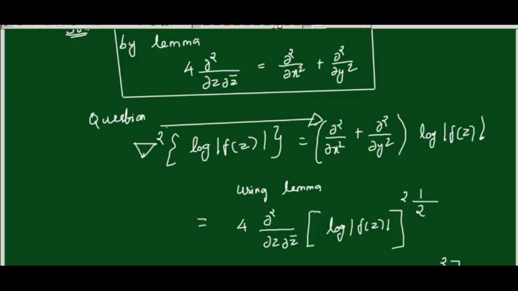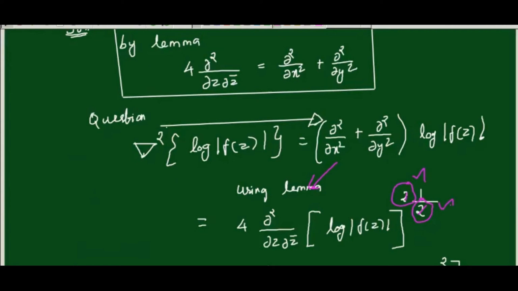So what I'm doing here is using the lemma. For this, you just have to multiply by 2 and divide by 2. If you cancel this 2, you will get the previous step. That's why I'm doing multiplication and division.